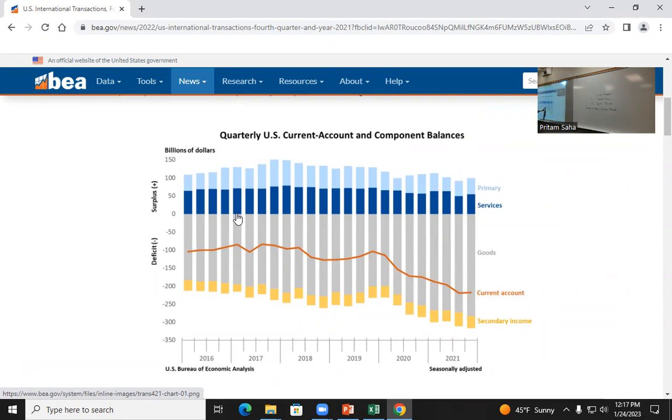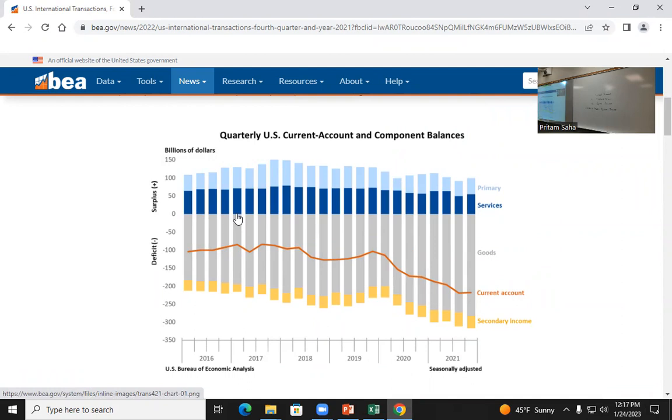This is the current account, the entire current account, considering payment for goods and services, primary and secondary income. This is for goods, this is for services, primary, secondary.